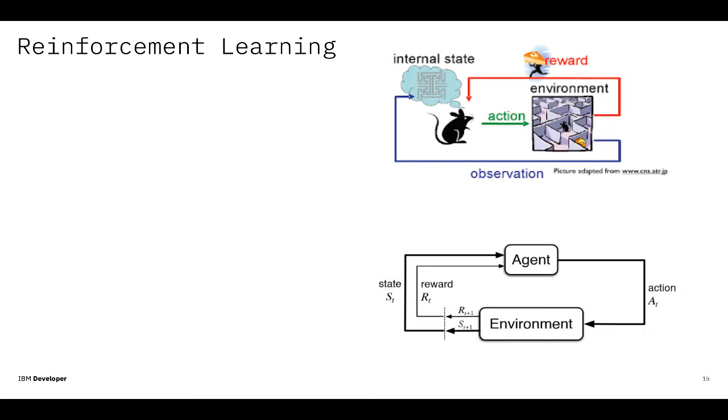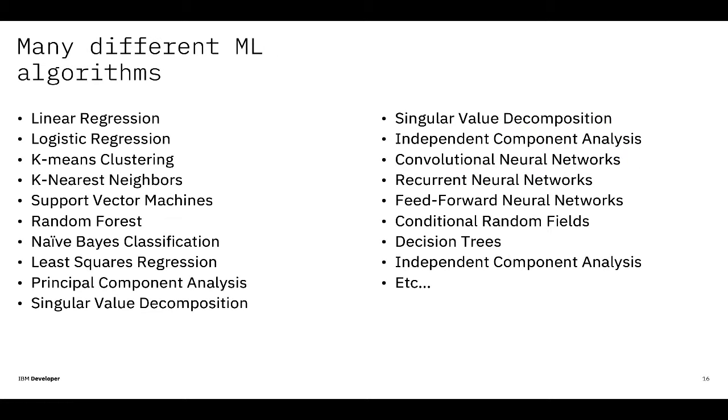So those are the three main categories, but within these categories, there are many, many different machine learning algorithms. So I just listed a couple here that you might have heard of: linear regression, random forest, naive Bayes classification, independent component analysis, decision trees, recurrent neural networks.